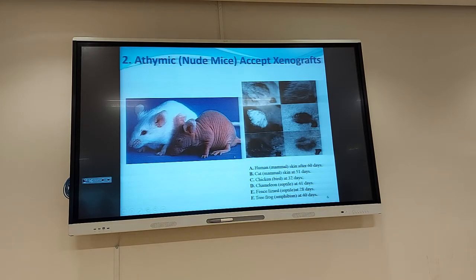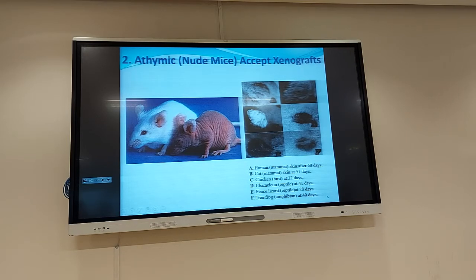And then, as we covered before, immunologists developed these genetically modified mice known as nude mice, which don't have a thymus. That means they don't have any functional, what? T lymphocytes.